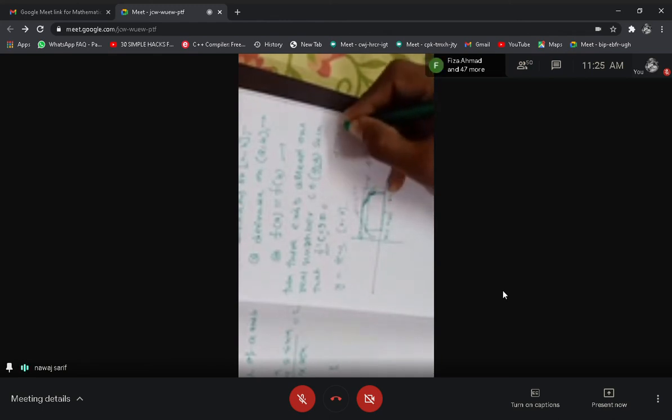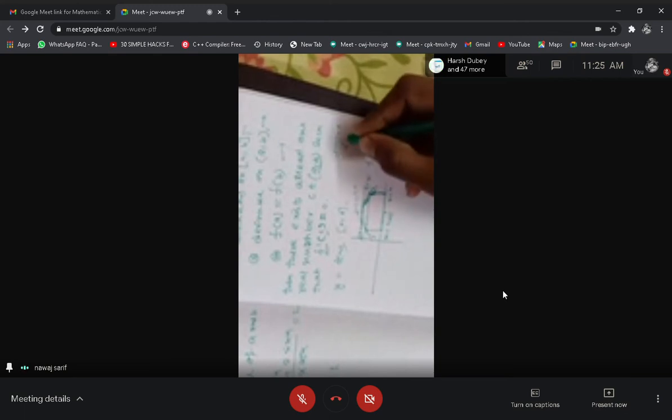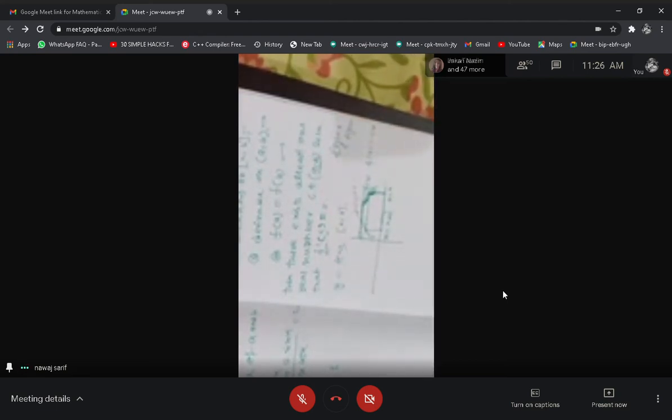That means what? For some function, f of c equals 0 means c is a root of that function. So f dash c equals 0 means c is a root of f dash. Understand?